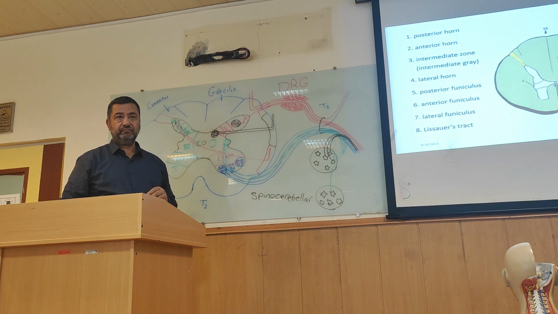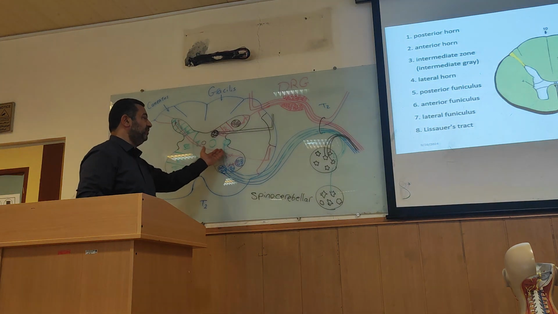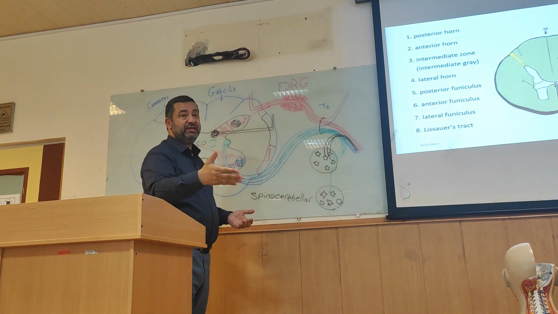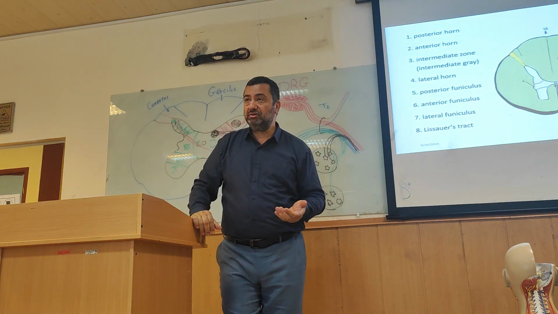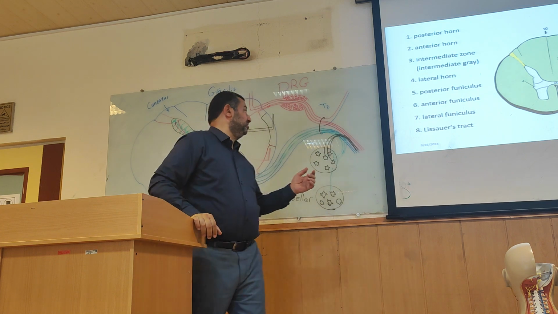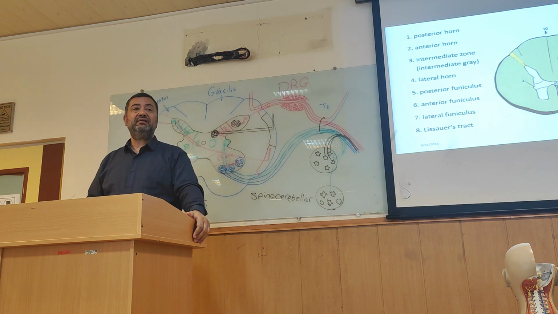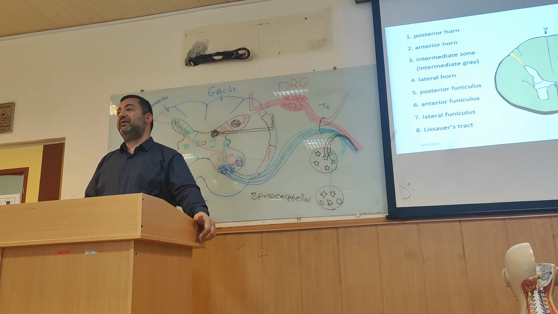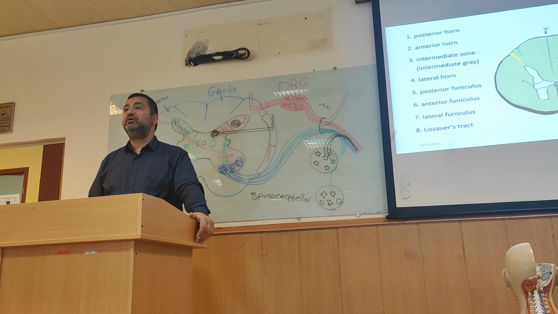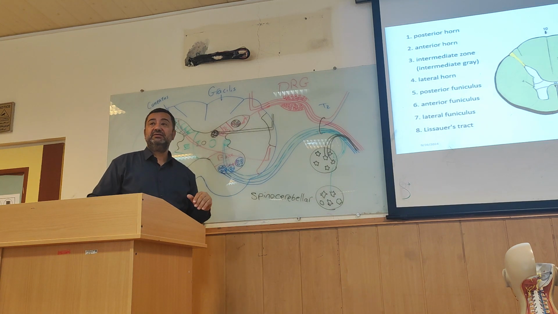Okay? These fibers, after crossing in the spinal cord, ascend on the peripheral part of the lateral funiculus and then ascend in the brain stem, and then through the superior cerebellar peduncle, these fibers turn into the cerebellum.